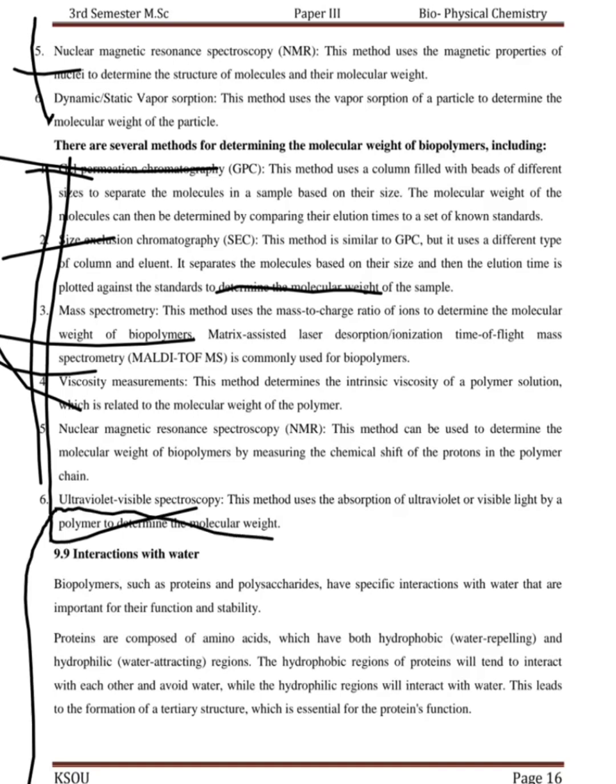So here, biopolymers. What are biopolymers? Biopolymers are the type of polymers that are naturally occurring and are synthesized by living organisms. For example, proteins, nucleic acids, polysaccharides.